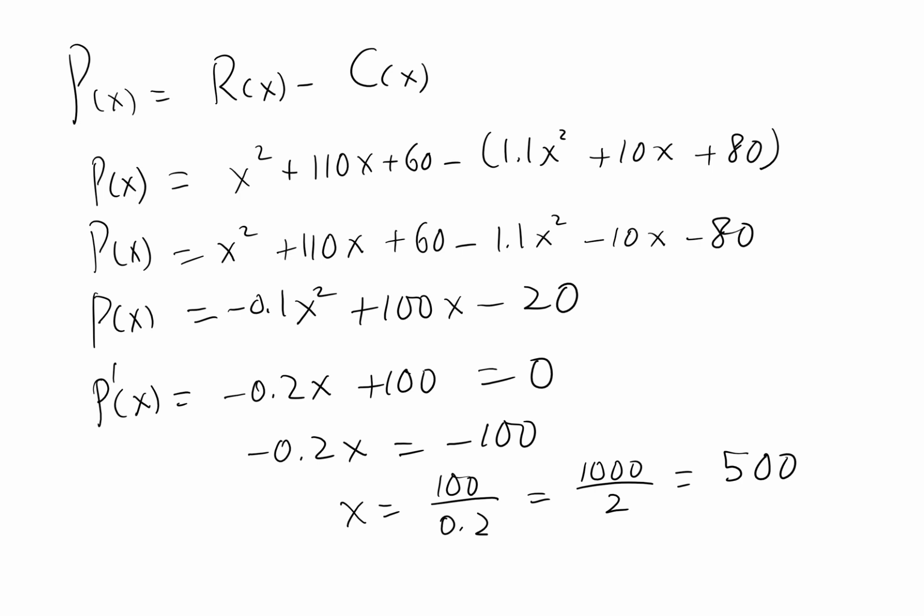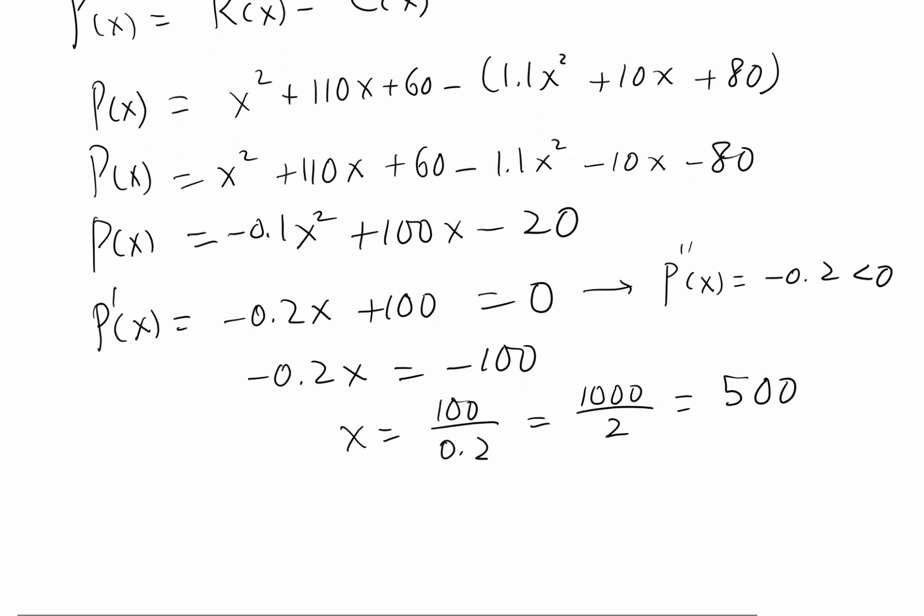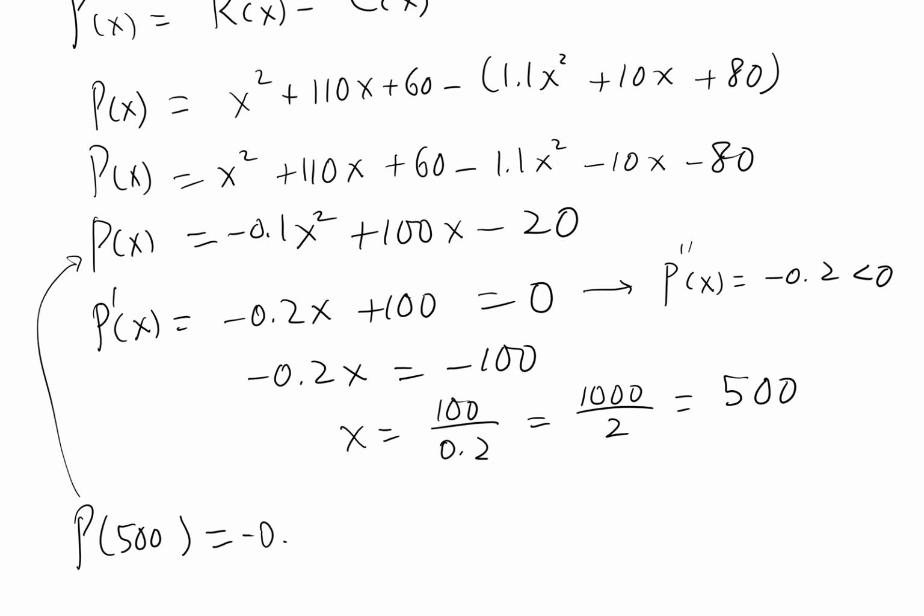So that will lead to a maximum, and you can see it's a maximum if you find the second derivative. It's always less than 0, concaves down, so it's a maximum. So there will be a maximum profit at x equals 500. And if we need to find the maximum profit, all we have to do is substitute into P of 500, negative 0.1 times 500 squared, plus 100 times 500 minus 20.